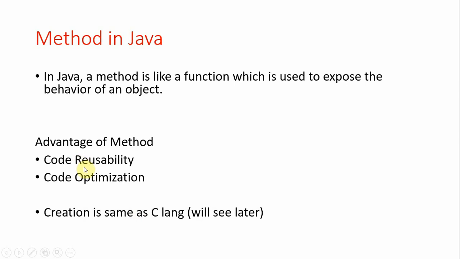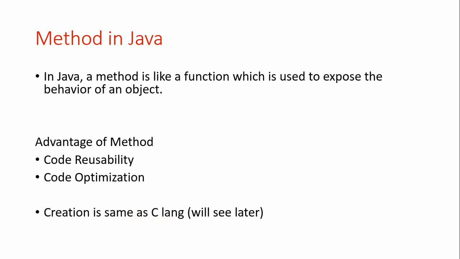Code optimization means best utilization, which means we can define it once and access it many times. That is optimization. And how to create a method in Java, we will discuss in depth in the next class. But it is the same as C. The syntax may differ.